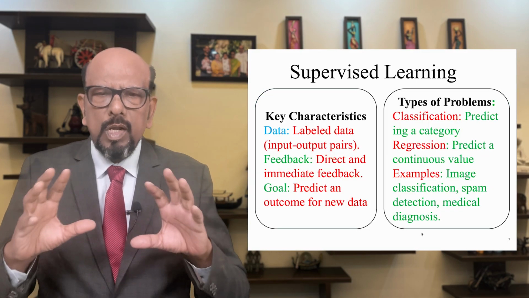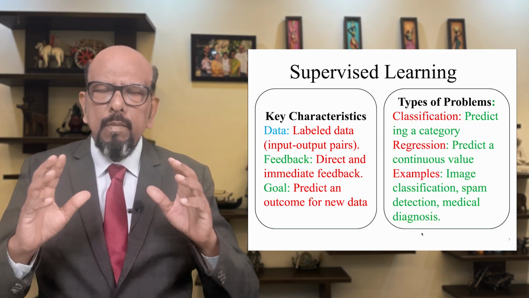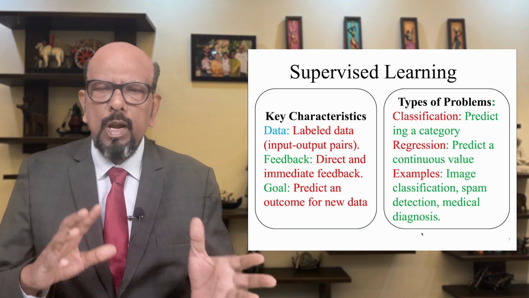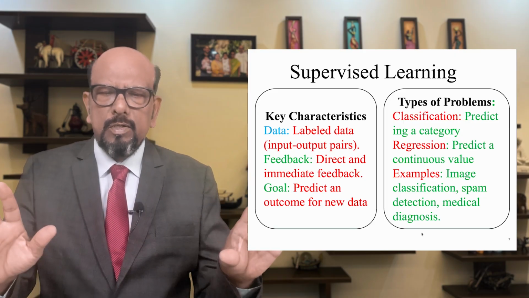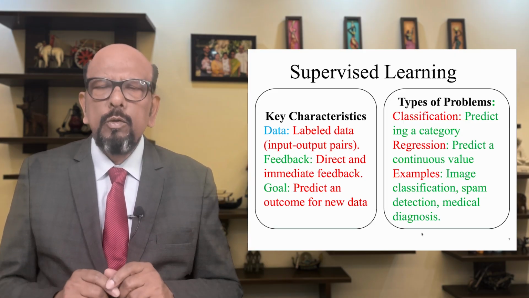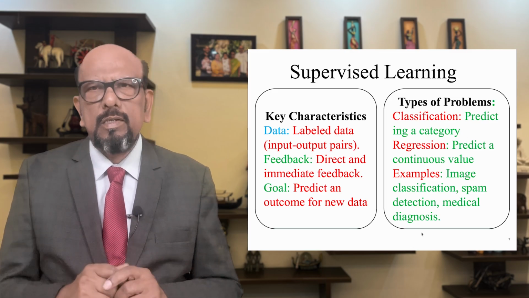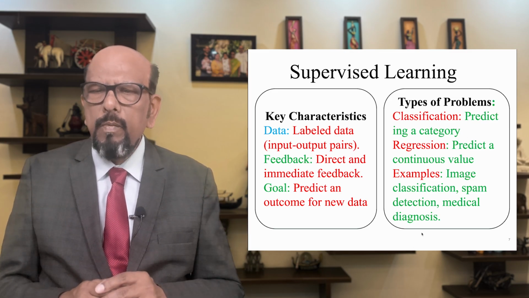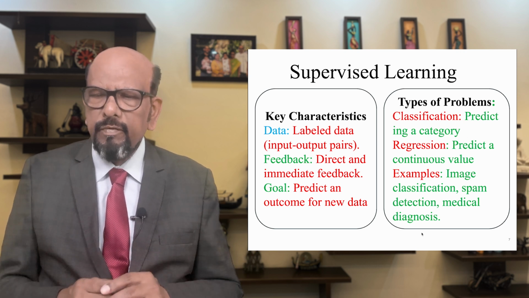So, if you want to consolidate, what are the key characteristics? Labeled data. So the input and output pairs are given. So the feedback is direct. The goal is to predict the outcome of a new data set. It is used for solving classification problems like image classification.